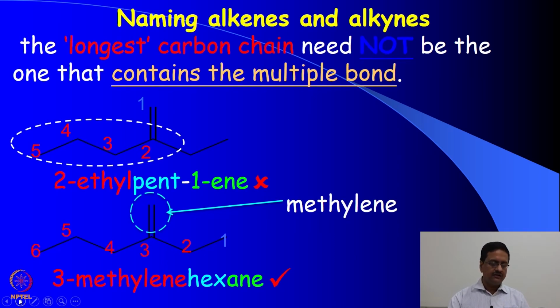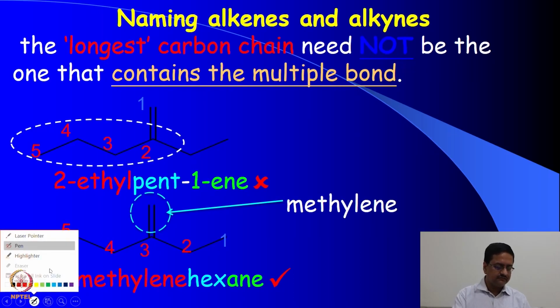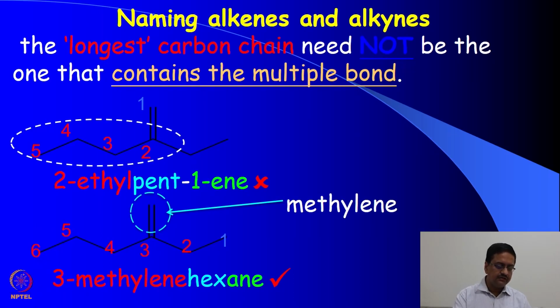you have a molecule written here in the upper portion, where you can number the atoms starting at the point where the double bond starts, and then number it like 1, 2, 3, 4 and 5 as is shown in the upper structure, and you can try to write the name like that, 2-ethyl pent-1-ene.